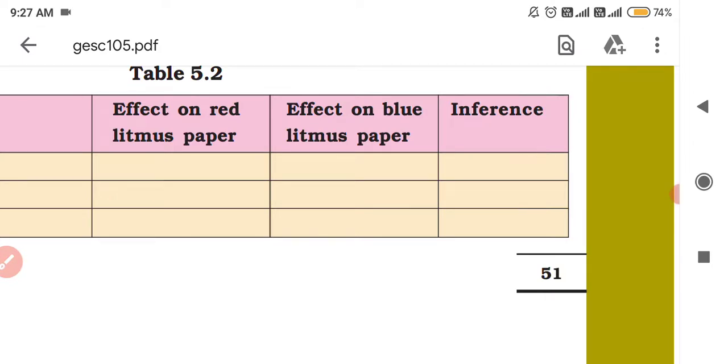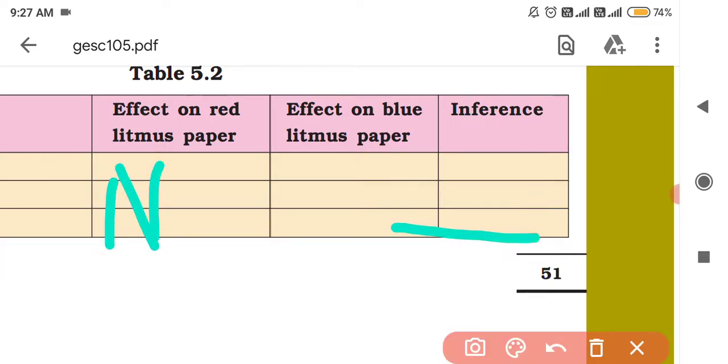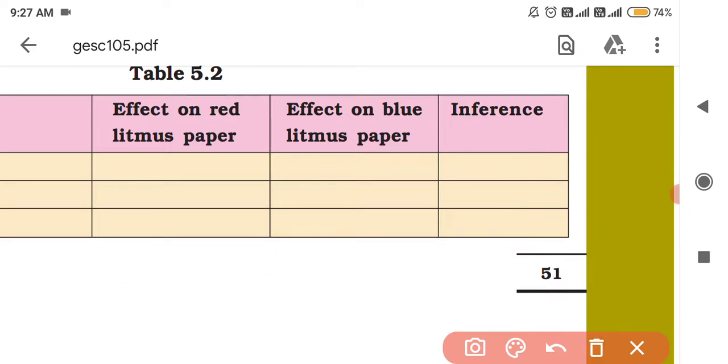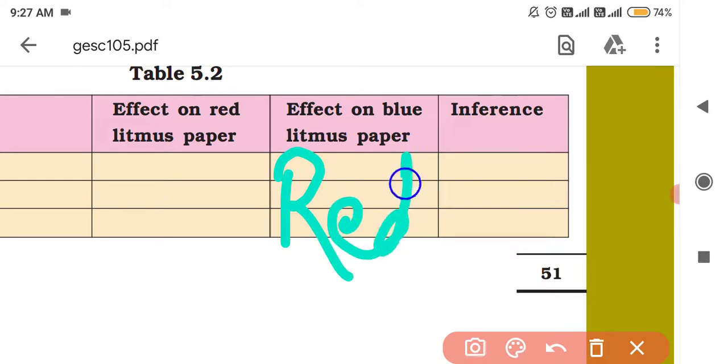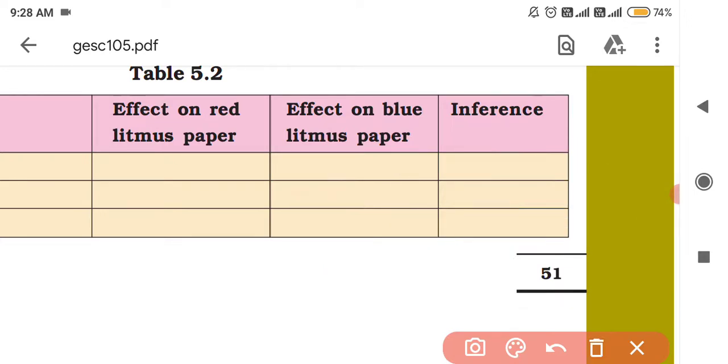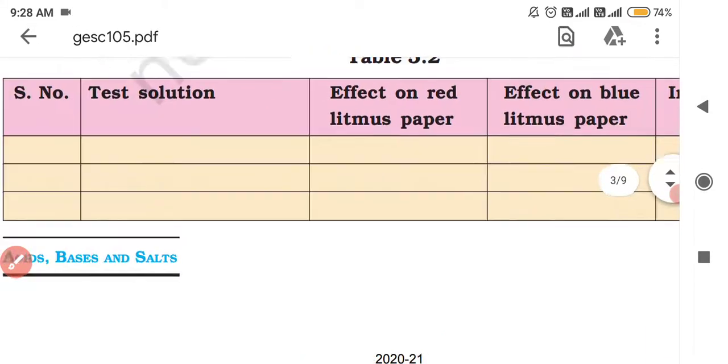When a drop of aerated drink is added to red litmus paper, there will be no effect at all, because the nature of carbon dioxide is acidic. It will have an effect on blue litmus paper, changing its color to red. The inference is that it is acidic. The aerated drinks are acidic in nature.